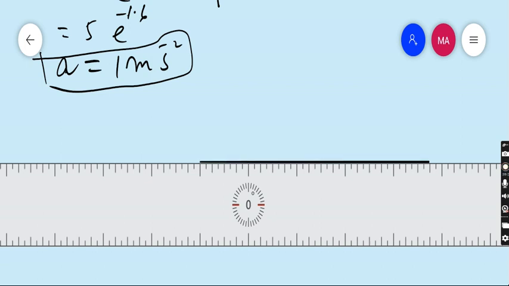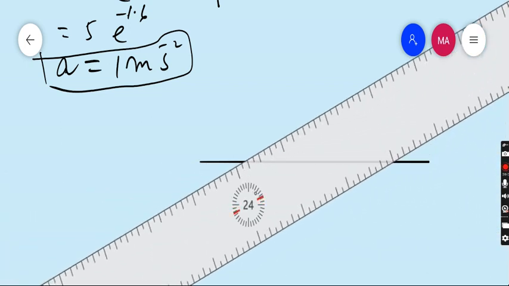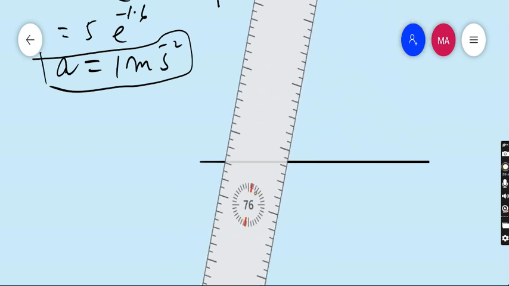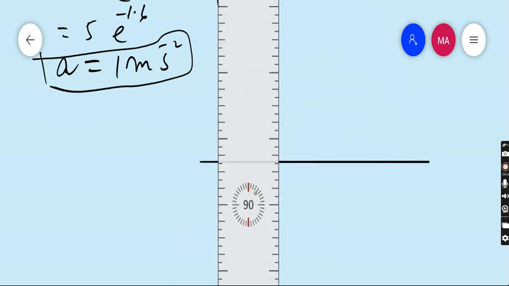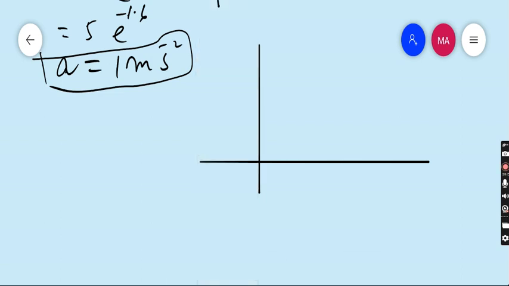This is the x axis. This is the y axis. On the x axis we plot time.